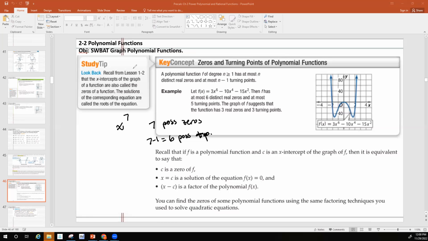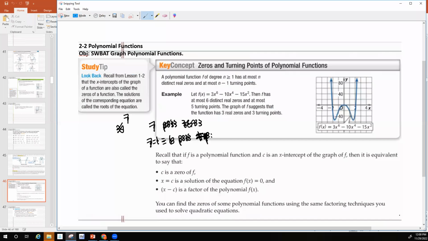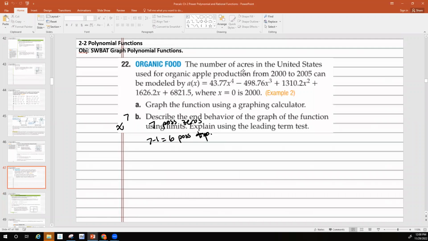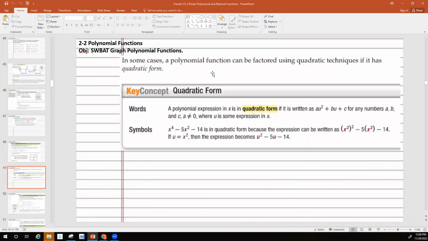And we'll look at this later. All right, let's put this here in the notes.